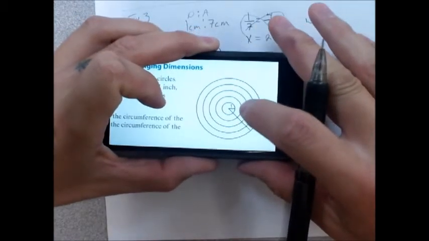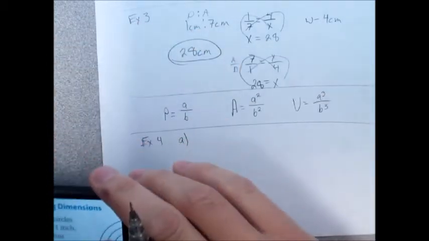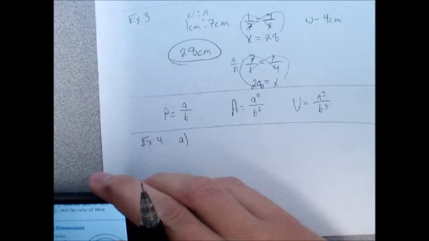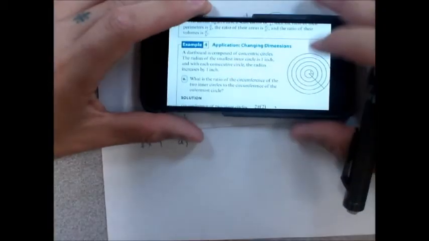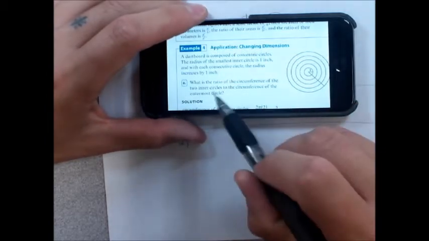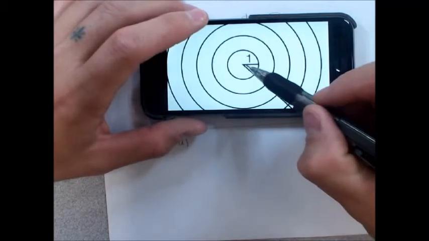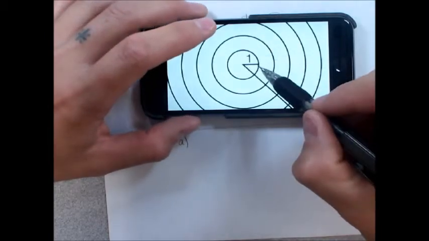circles. And then it says that the inner smallest radius is 1, and with each consecutive circle the radius increases by a width of 1. So I'm looking for the ratio of the two innermost circles. So the two innermost circles are the one with 1, and then the one that will have a radius of 2.